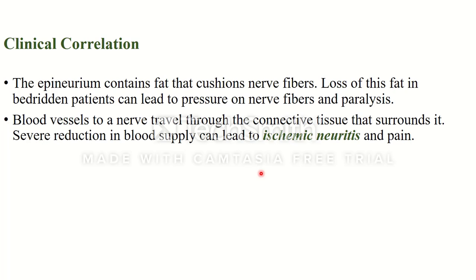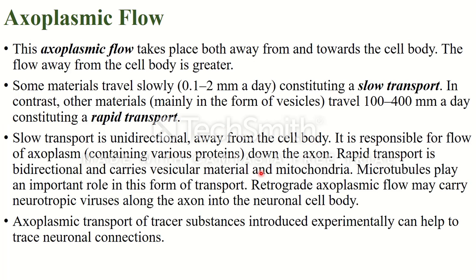Because of this, in bedridden patients, gradually the function of motor neurons or sensory neurons is going to disappear, or be impaired. And there is a term that is called axoplasmic flow.